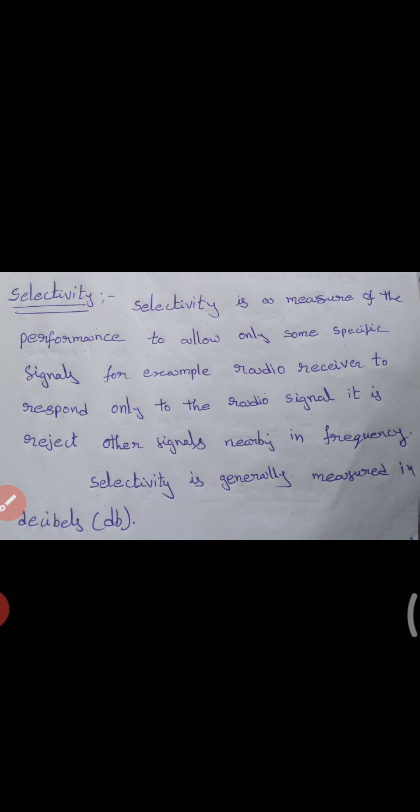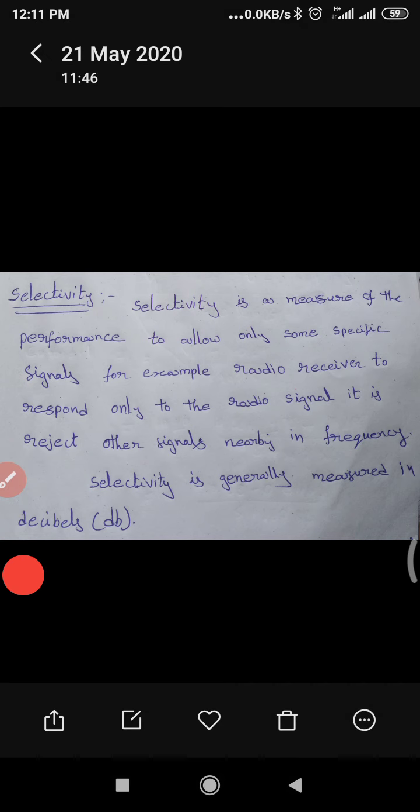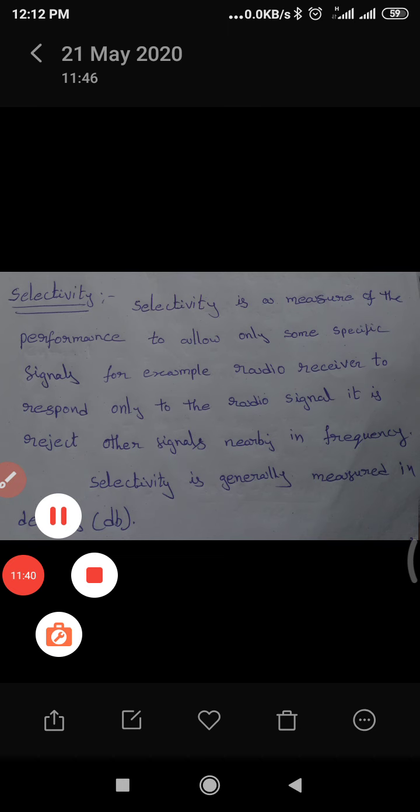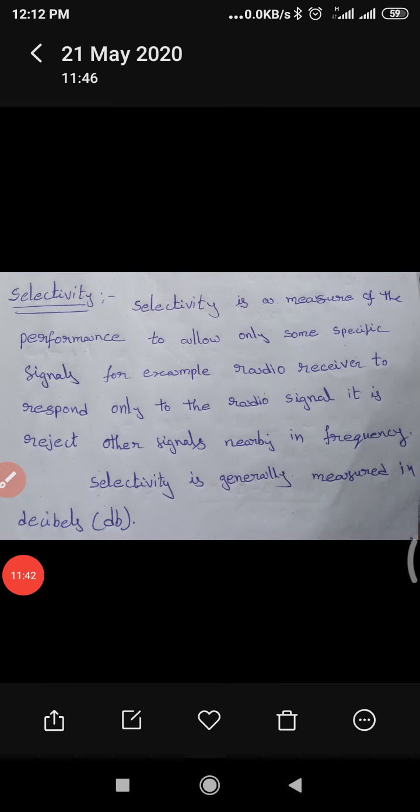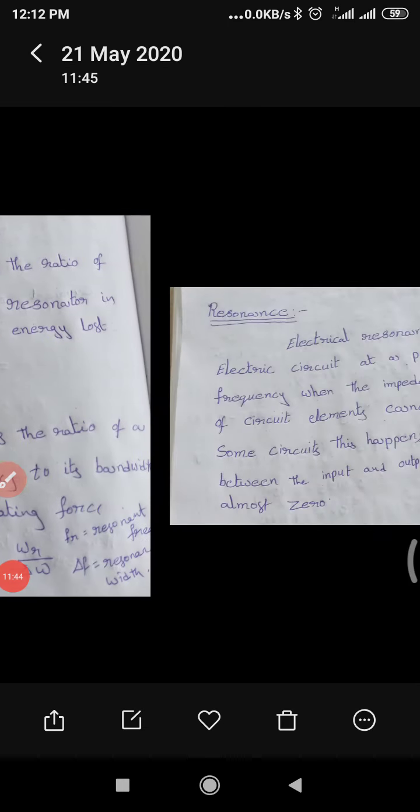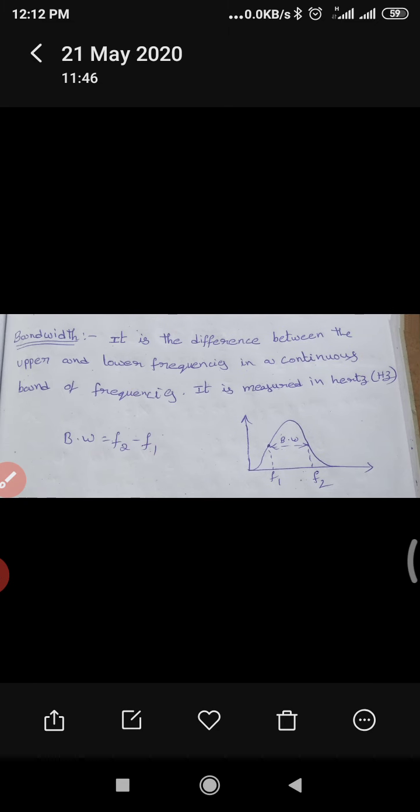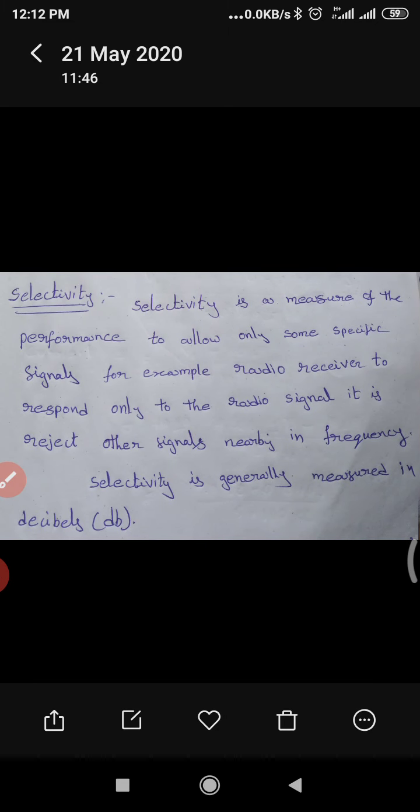Beyond those predefined frequencies, it does not allow the other signals. So this is about the selectivity. Selectivity is generally measured in decibels.